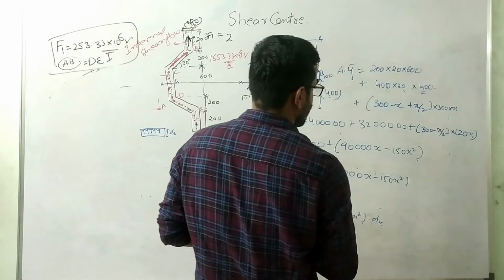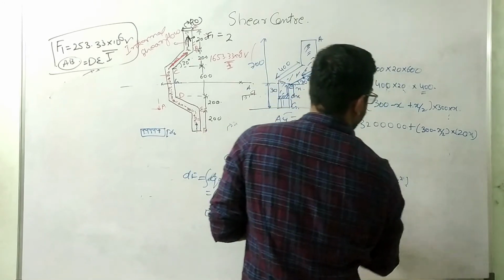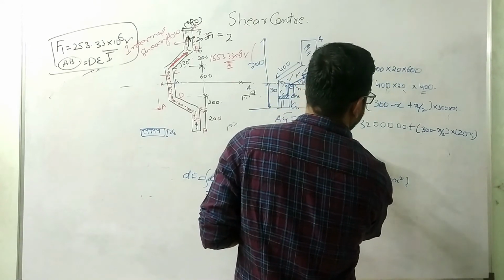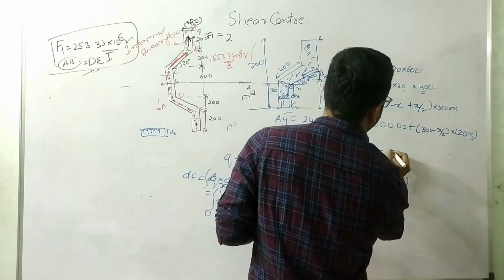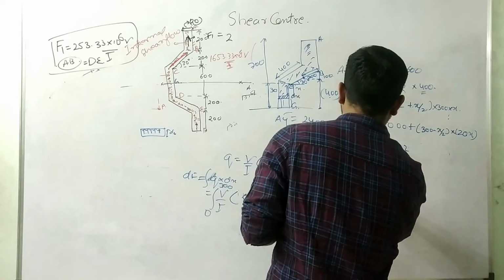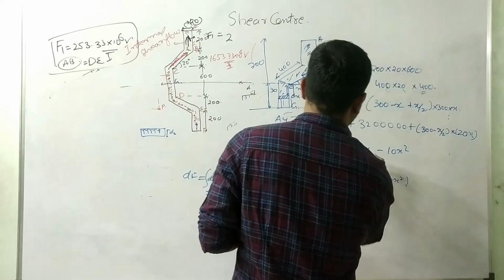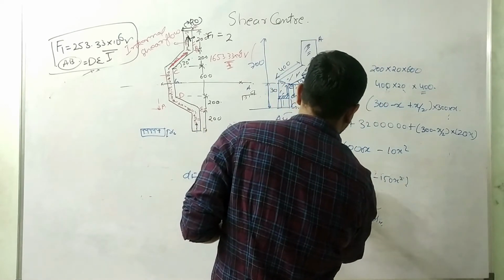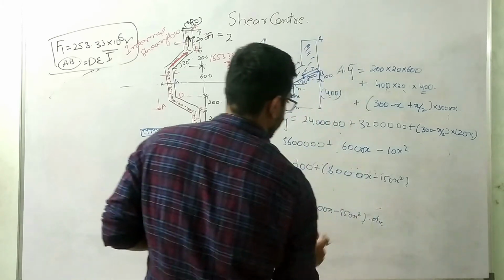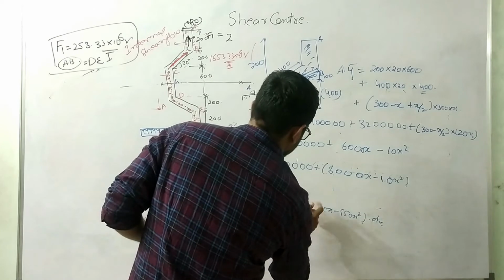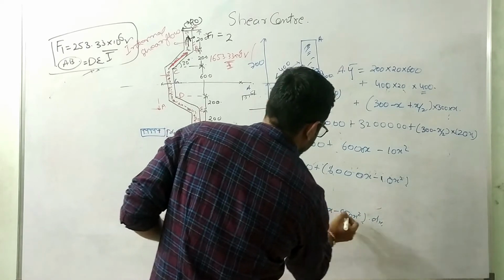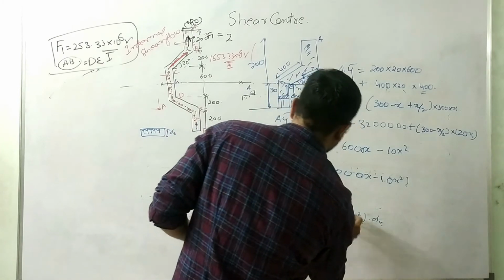So it will be 6,000 x minus of 10x square.